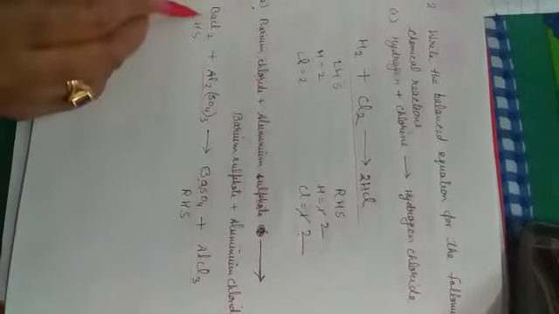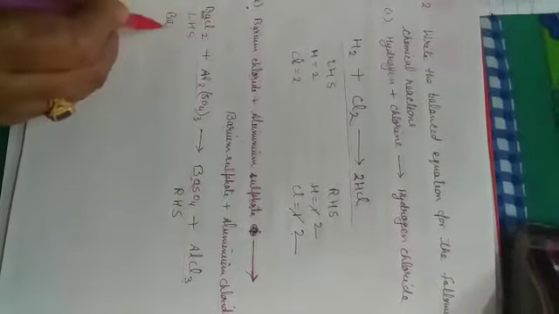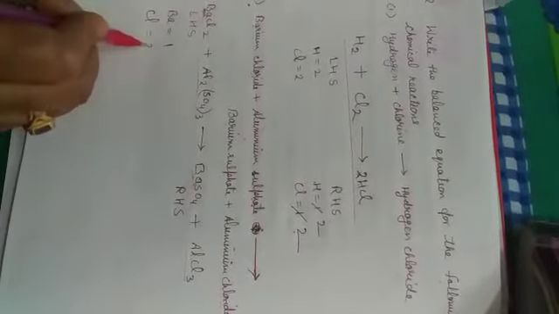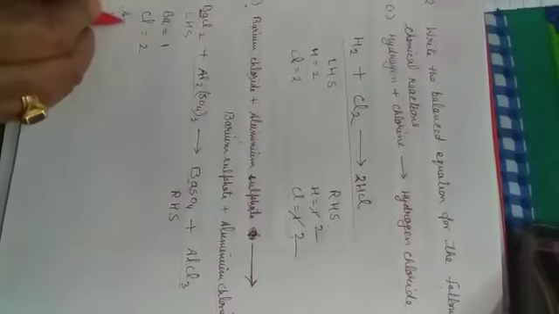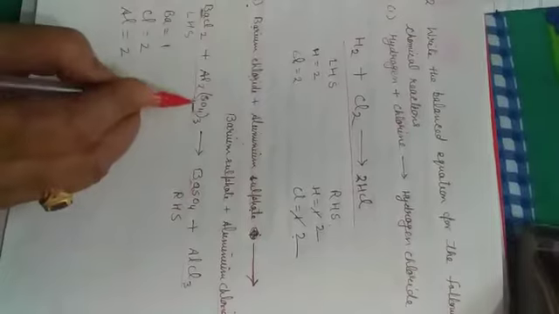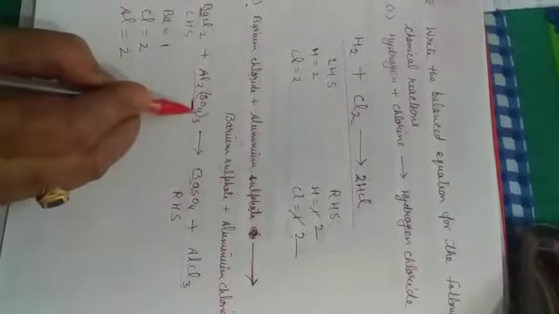Students, if we see left hand side, this is barium. Barium atom is 1, chlorine atoms are 2, aluminium atoms are also 2, and this is sulfate. Sulfate atoms are 4 3s are 12.